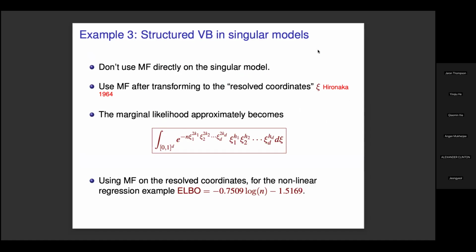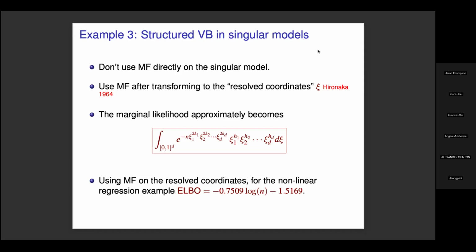So now let's come back to the third example, which is structured inference in singular models. We already saw that if you use the mean field directly on the singular model, then there is no way you can get the correct value or correct expansion of the evidence lower bound. But it turns out every singular model can be reduced to something called the normal form, which pretty much means that you can map the points of the singularity in the singular model to zeros of certain monomials.